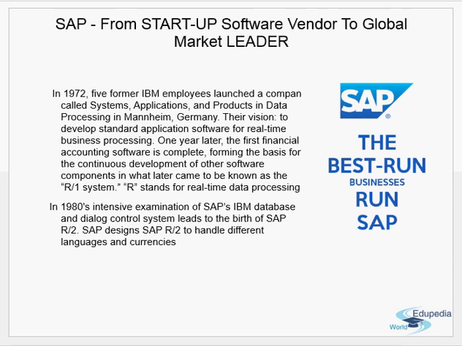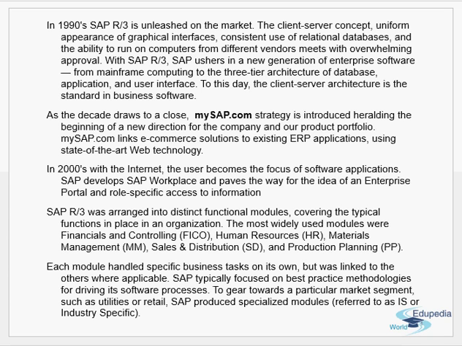Initially it came up with R1, which was a simple software for real-time data processing. Then they came up with R2, server architecture, and finally R3, the client-server architecture. Then they moved to mySAP.com, nothing but linking e-commerce solutions with existing ERP applications, that is, integrating the web with ERP applications.